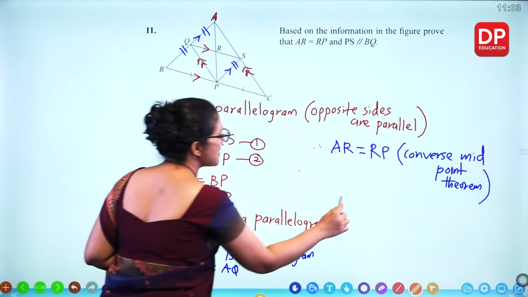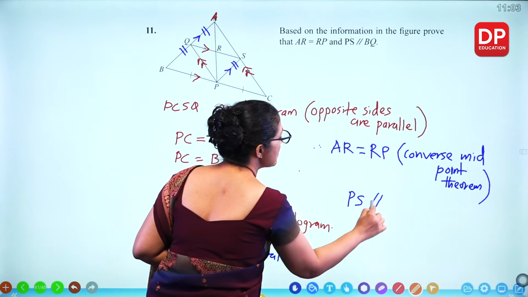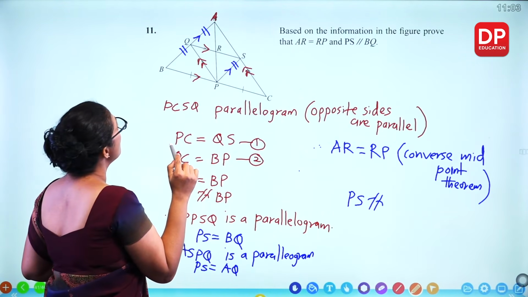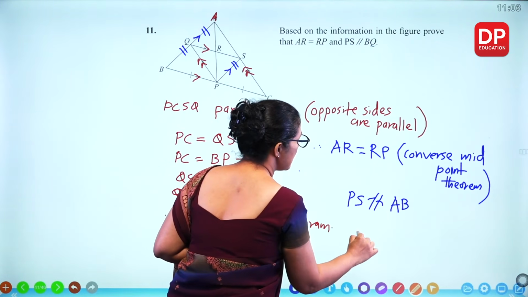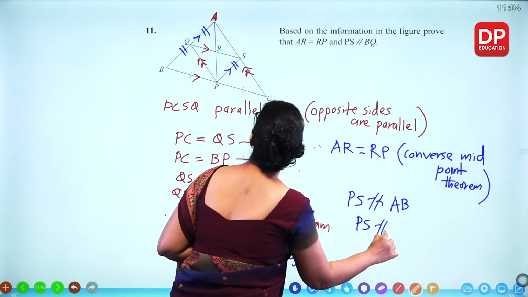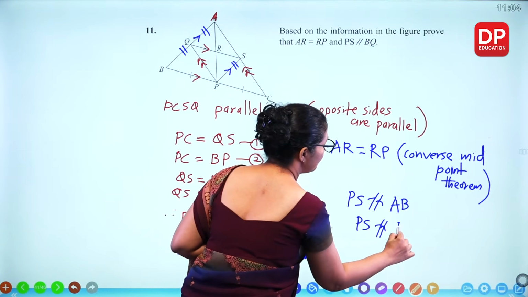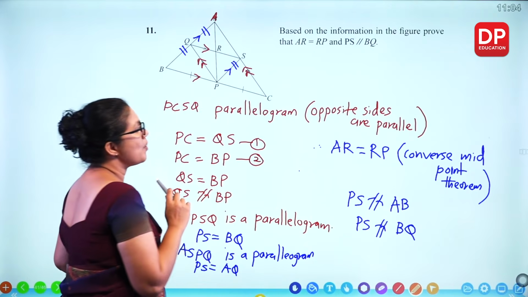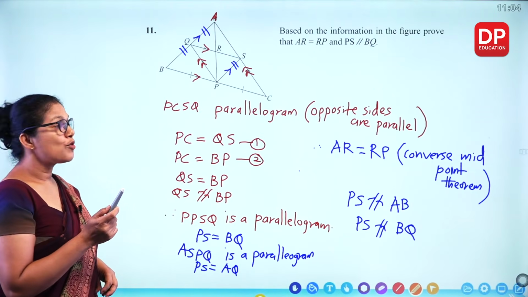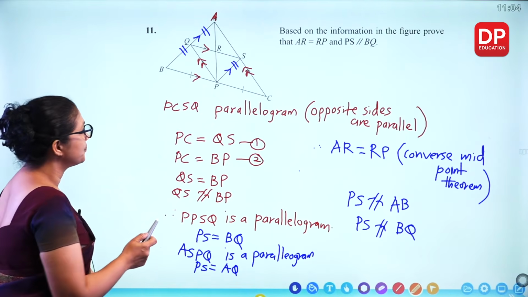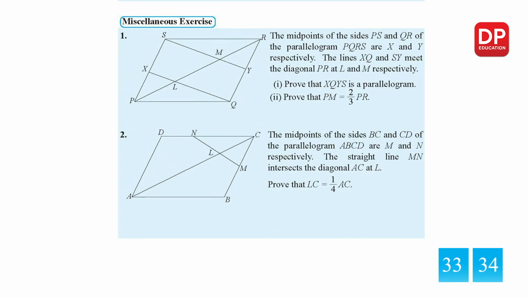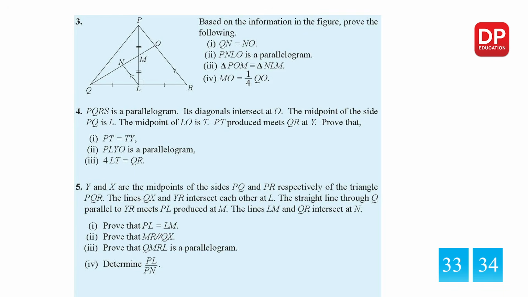So PS is parallel to AB, or the same as BQ. So that's how we can prove that AR is equal to RP and PS is parallel to BQ. Miscellaneous exercise. Question number 1.